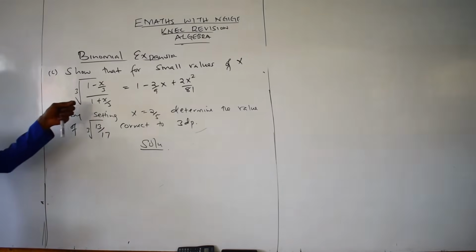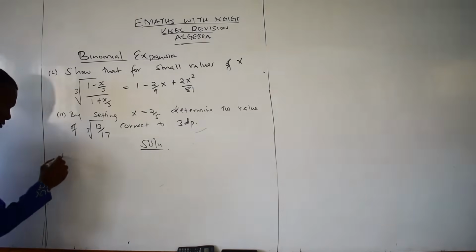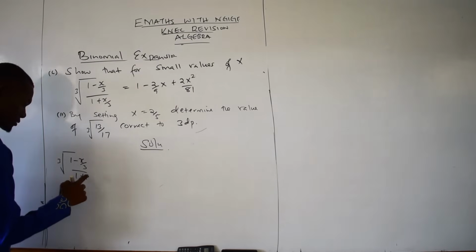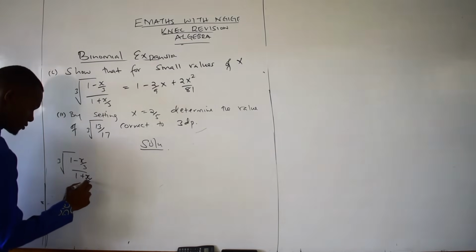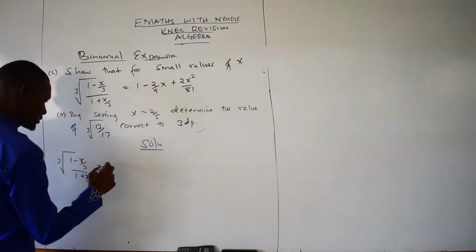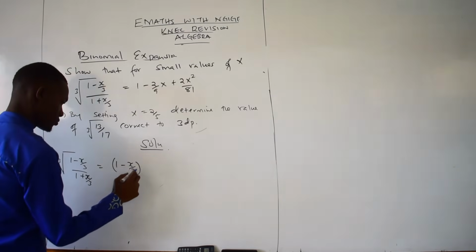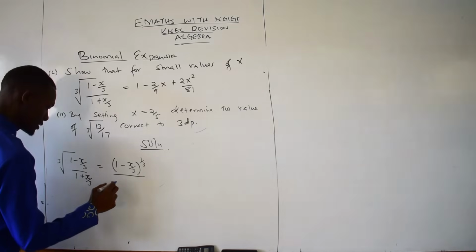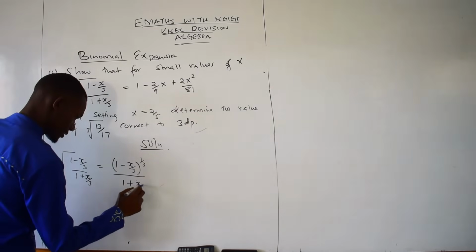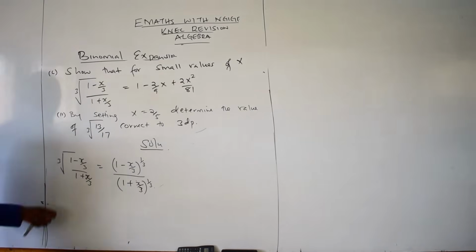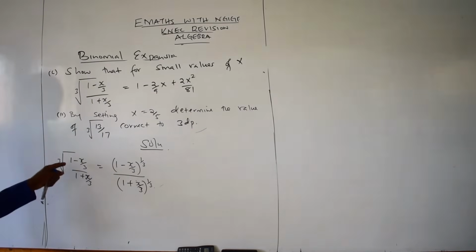So now remember, we have this expression, which is the cube root of (1 minus x over 3) over (1 plus x over 3). This can be rewritten as the cube root of 1 minus x over 3, over the cube root of 1 plus x over 3. So we put the root on both the numerator and the denominator.